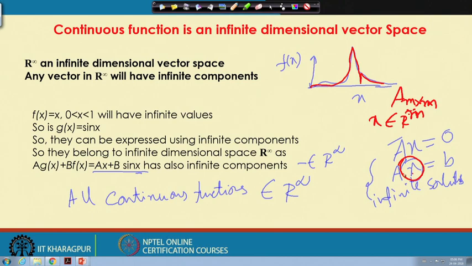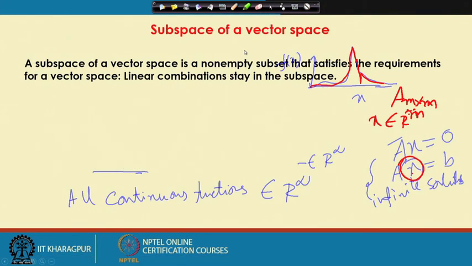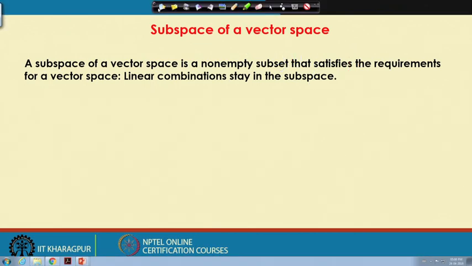So, what we should start looking into is what a subspace is. The real coordinate space, or a larger, universal vector space, has all vectors of that particular dimension in Rn, but what is the smaller space, or subspace, to which the solution of Ax = b belongs? We will go to the next definition: what is a subspace of a vector space.